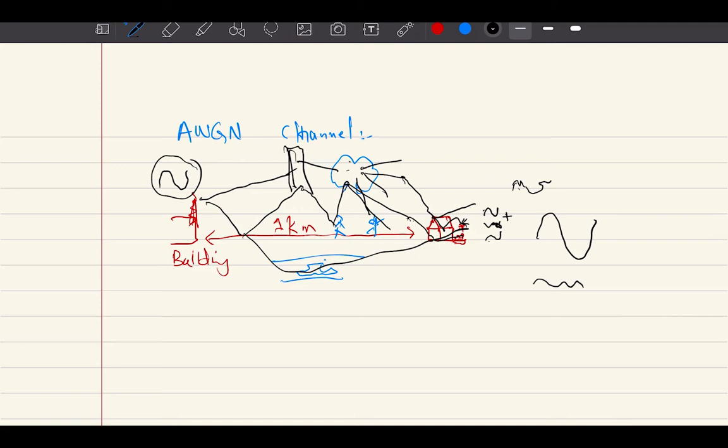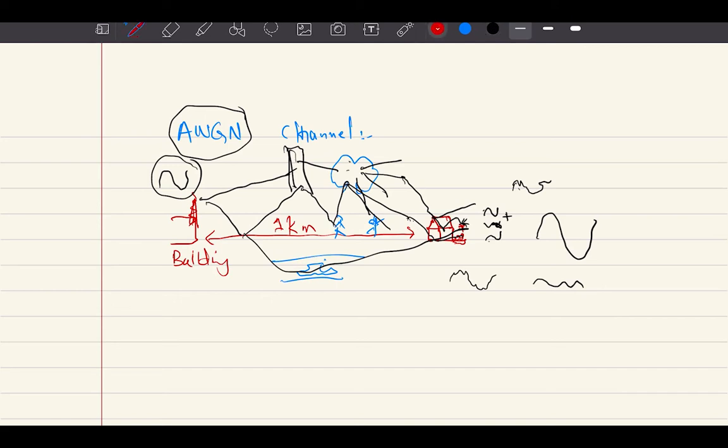So why are we using the AWGN channel? We are using the AWGN channel because it is a simulation model that contains all these channel degrading phenomena, and all those kinds of noises or distortions related to this channel. When the signal is received, it will contain a tremendous amount of noise.